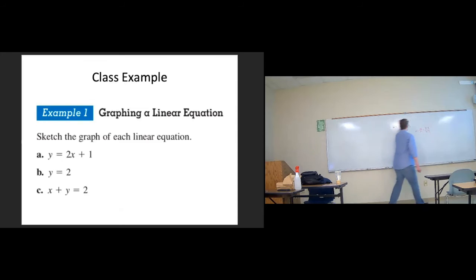So looking at this first example, actually, let's look at C. For C, we're given that our line can be described with the equation x plus y is equal to 2. We need to put this in slope-intercept form. So we're going to subtract x from both sides.